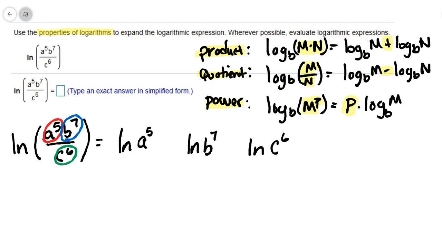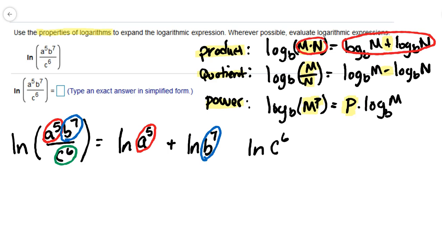Now, what I'm doing on this step is actually using both the quotient rule and the product rule in the same step. So these factors that came from the numerator, these logs are going to be positive because in our product rule, the product turns into the sum.